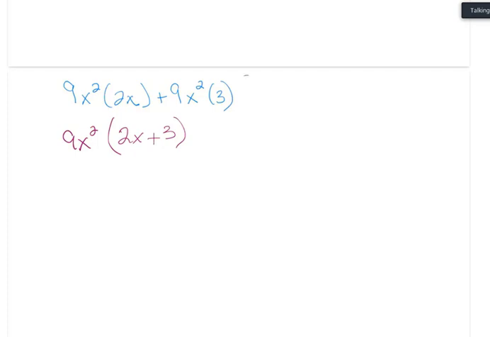We could get fancy on it. If we had, let's say, x squared times x plus 3 plus 5 times x plus 3. Extra credit, who can find the greatest common factor?